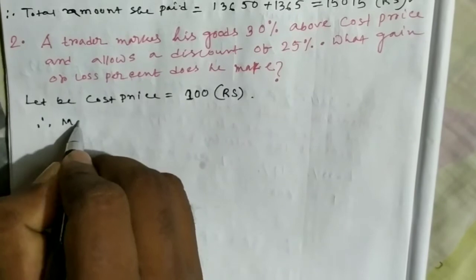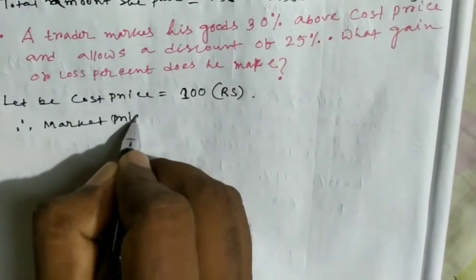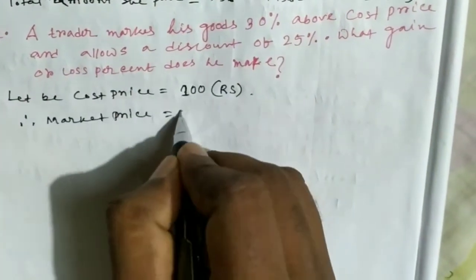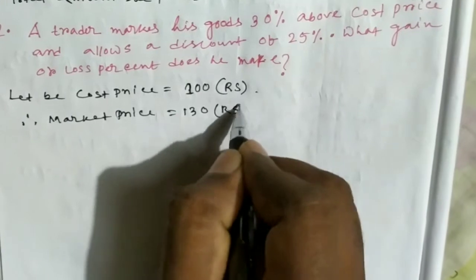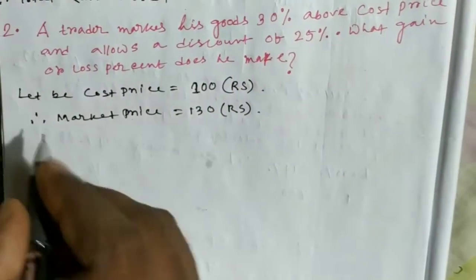Therefore, as per the question, 30% above the cost price and discount 25%.